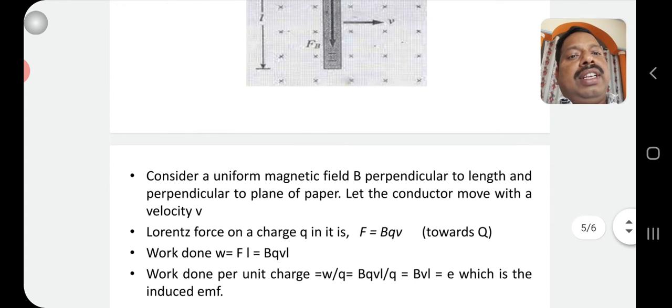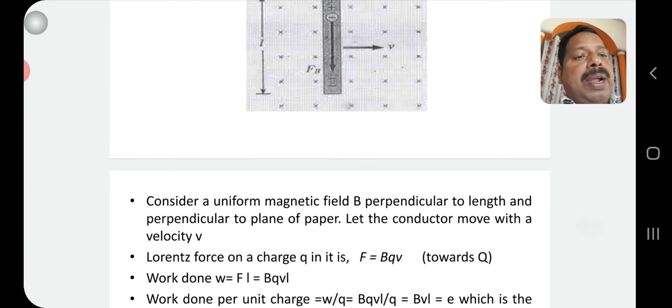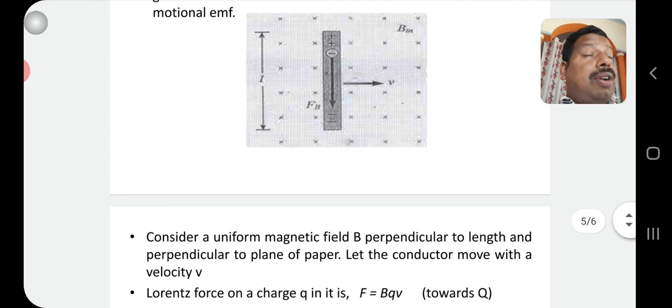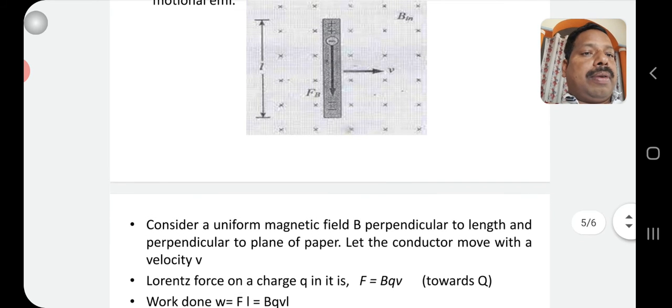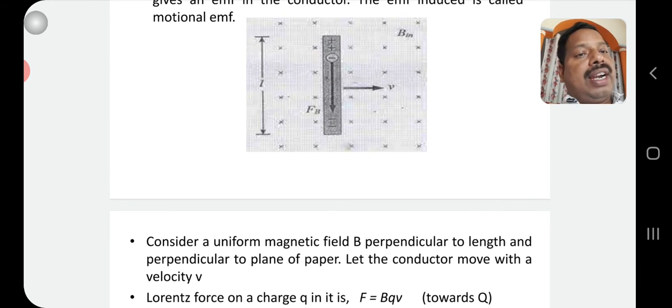Here the direction of velocity of these electrons is sidewise with respect to the length of the conductor and the direction of motion of the conductor. The conductor is moving in a direction perpendicular to the magnetic field. Thereby the velocity of the electrons is sidewise, perpendicular to both the magnetic field and the length.